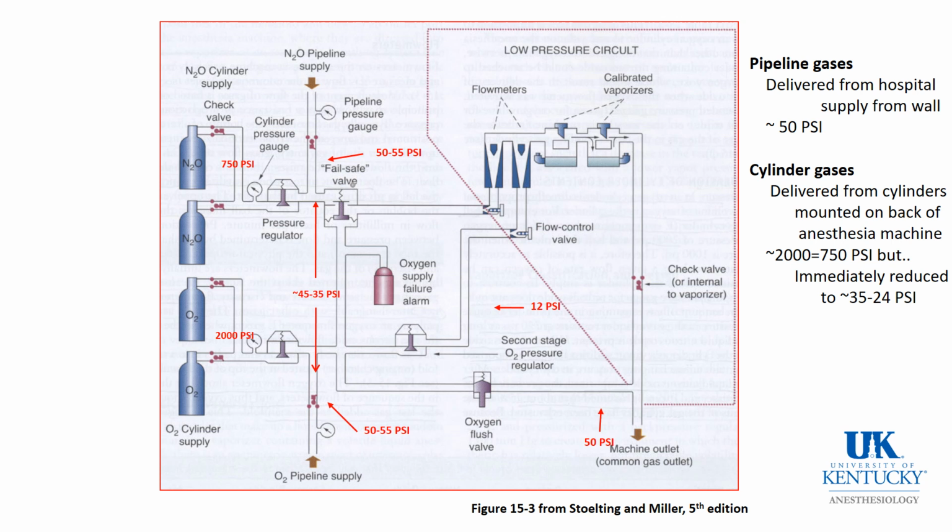Now, if we connected these directly into the system, all of the gas would come from the cylinders. But the engineers put a pressure regulator between the cylinders and the pipelines to reduce this pressure down to about 40 millimeters of mercury. As a consequence, as long as the pipeline pressures are normal, gases will not flow from the cylinders into the system.